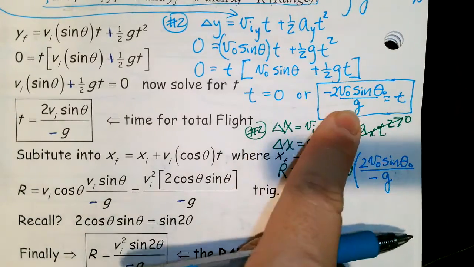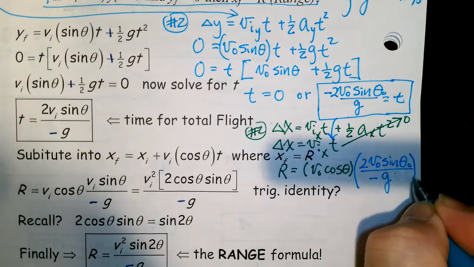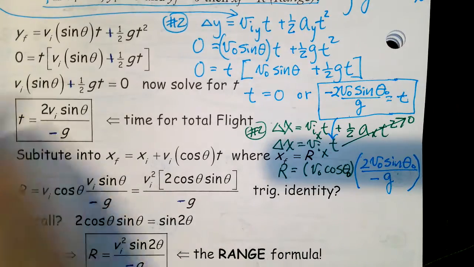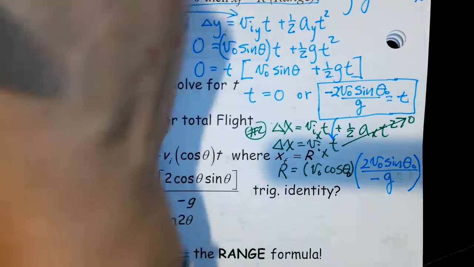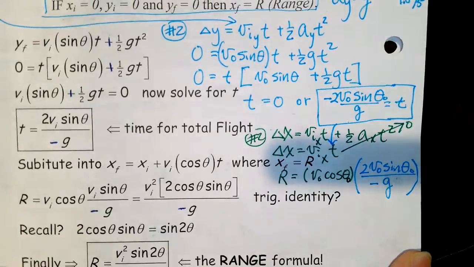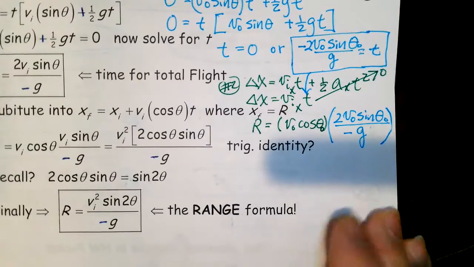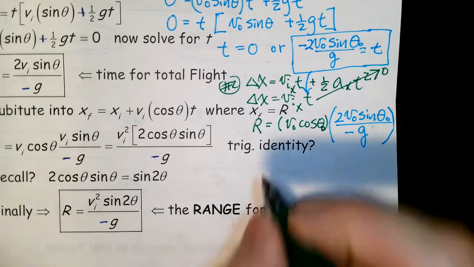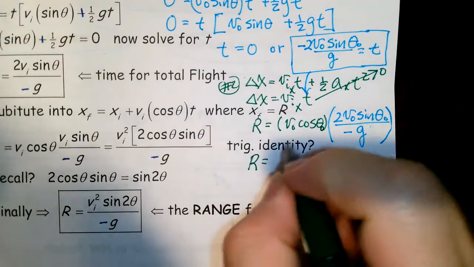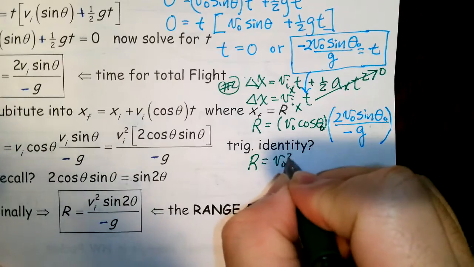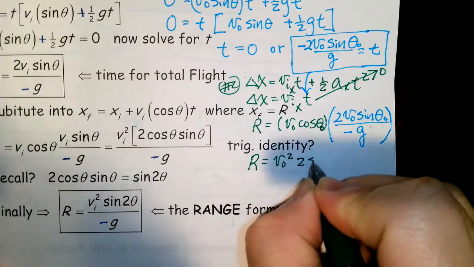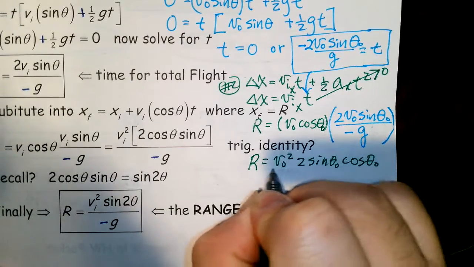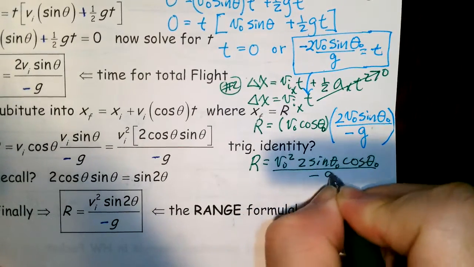I put the negative down at the bottom. I guess this should also be theta naught. Okay, theta naught, theta naught. Therefore, if I multiply the top out, what I'll get is V naught squared times 2 sine theta naught cosine theta naught, whole thing over negative g.